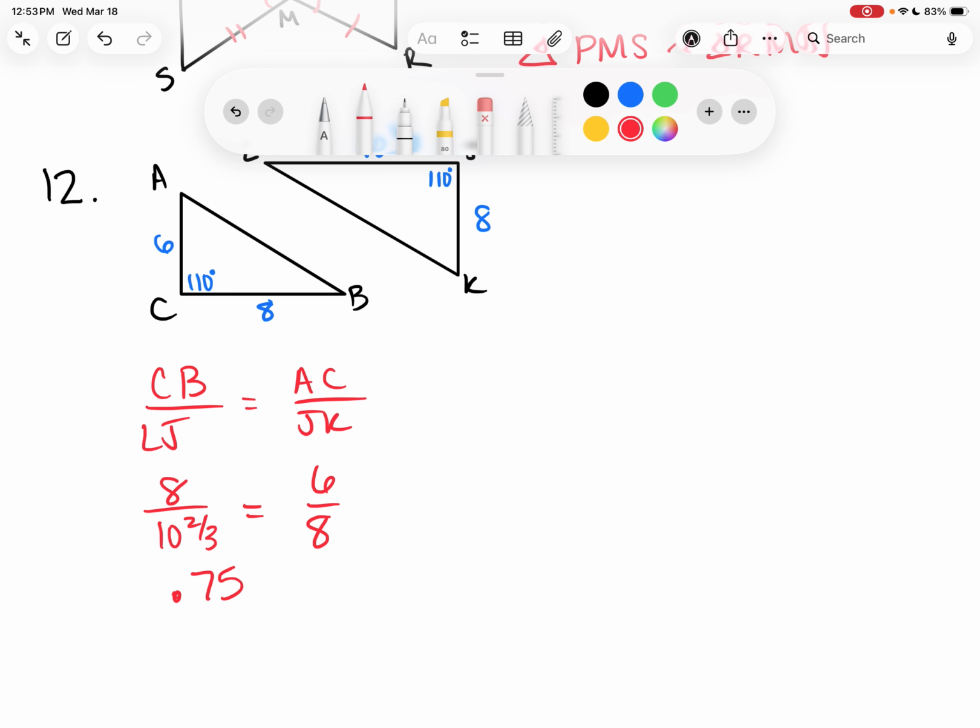So that's 0.75, and this is also 0.75, or if we reduce this, 3 over 4.